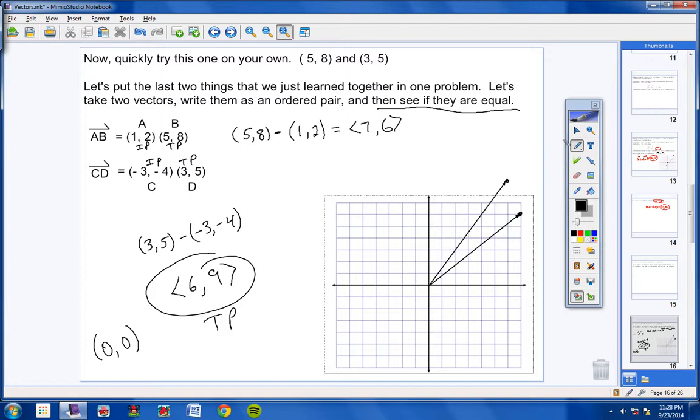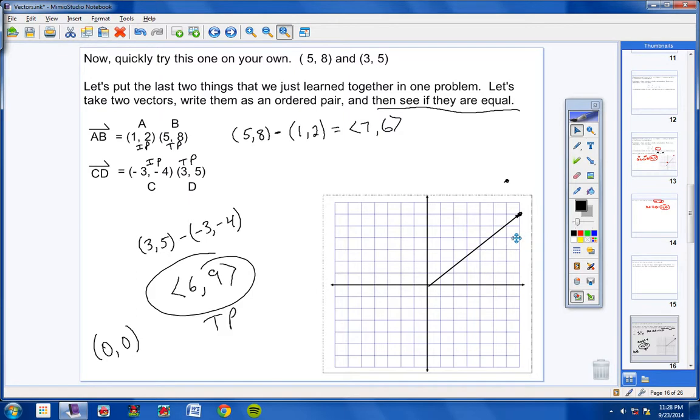It's impossible. Students, look, if they were equal, they would have to fall right on top of each other, just like that. Because they would have to have the same length, and they would have to have the same direction, which means the same slope, so they'd have to fall right on top of each other.